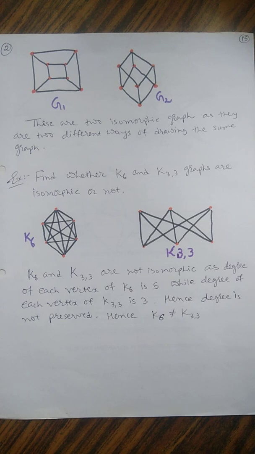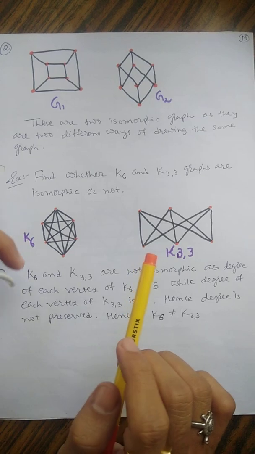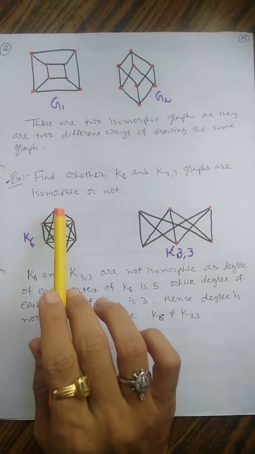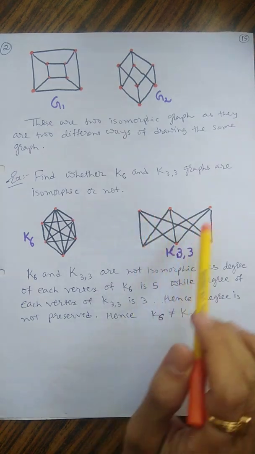Now we take one example here. Find whether the K6 and K3,3 graphs are isomorphic or not. First of all, we draw K6 and K3,3. K6 has 6 vertices, and K3,3 also has 6 vertices.